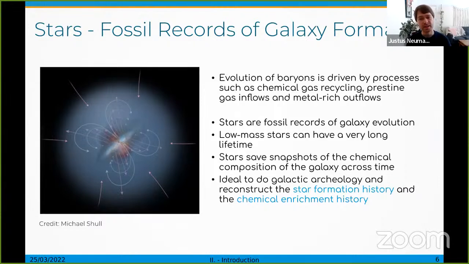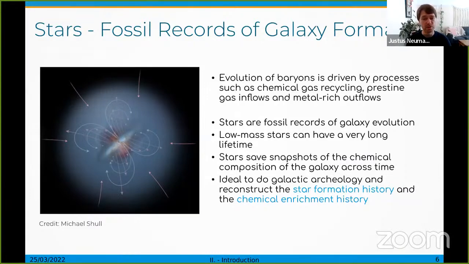But this simple scenario is then complicated also with pristine gas inflows into the galaxy of low metallicity gas, or metal-rich outflows from galaxy centers, for example. And stars are really the records where we can look at different stages of all these processes in the galaxies.